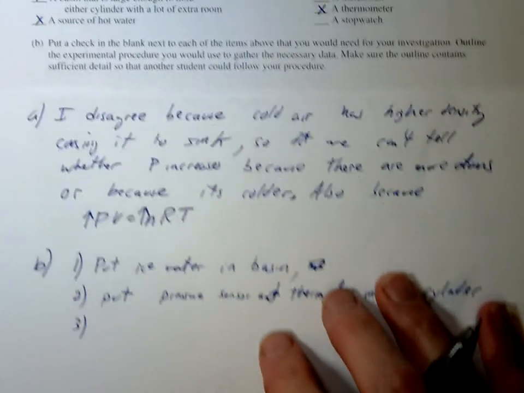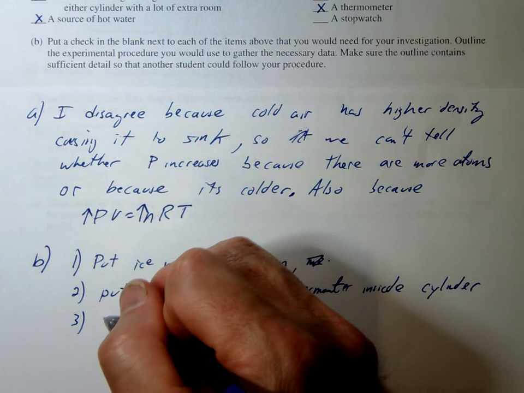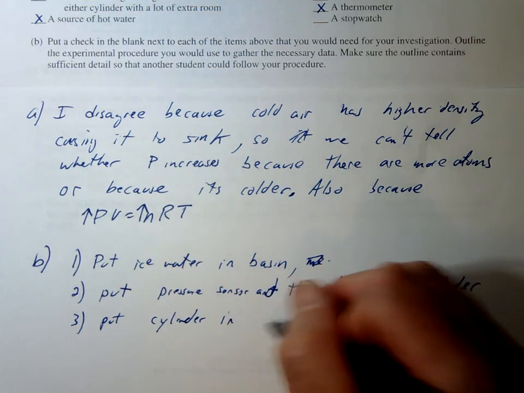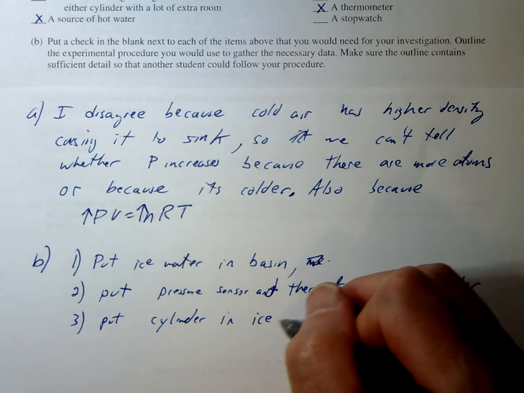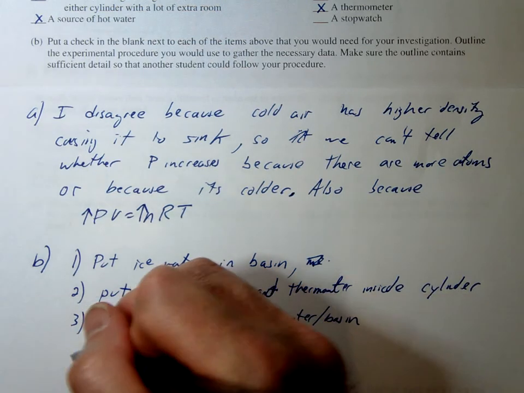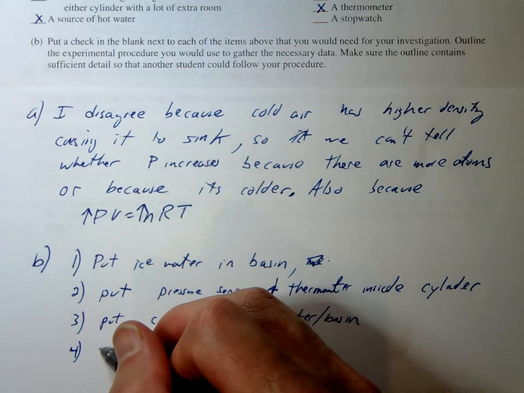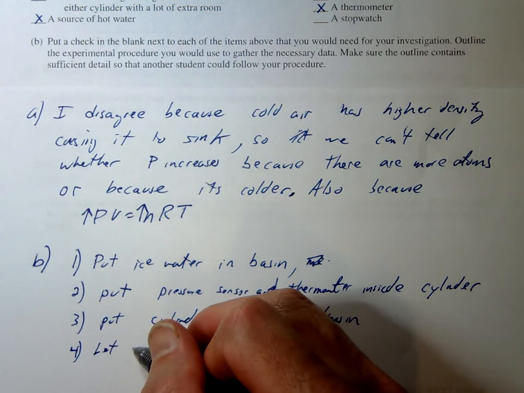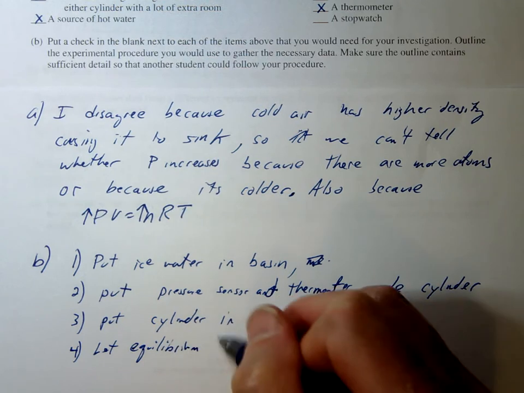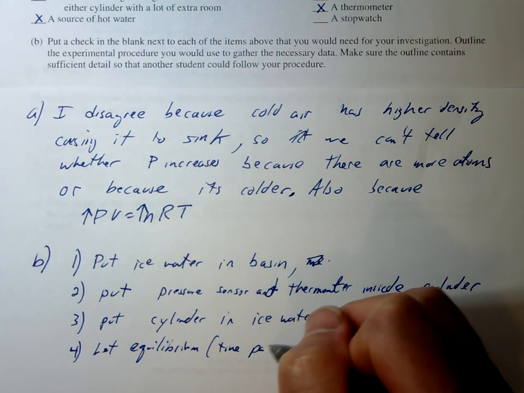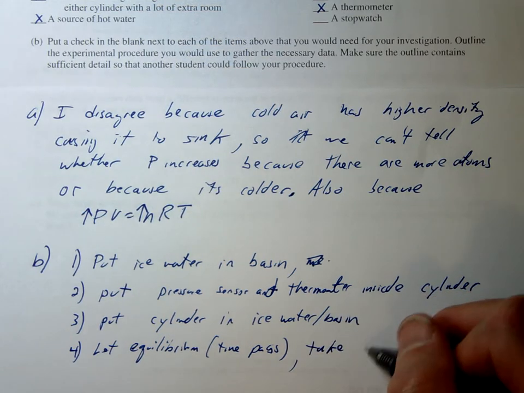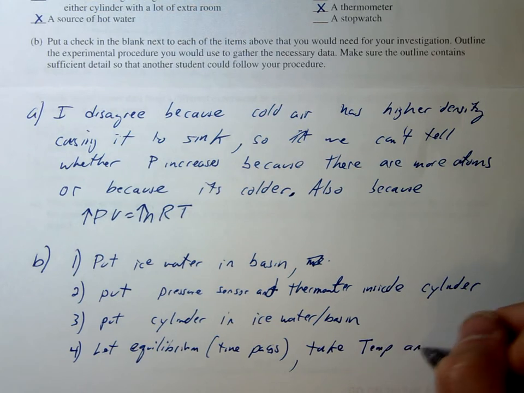Step 3, put the cylinder in the ice water, the basin of ice water. Step 4, let equilibrium be reached. In other words, let some time pass. And then we're going to take temperature and pressure readings.